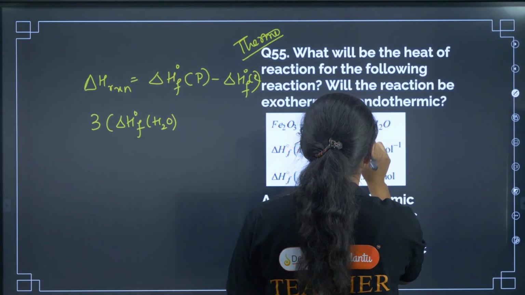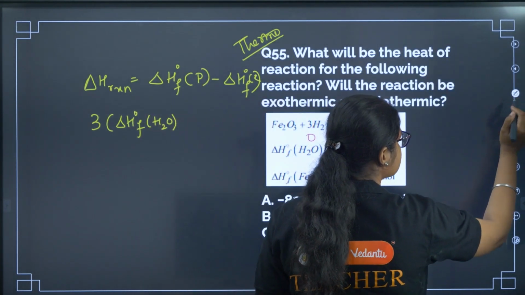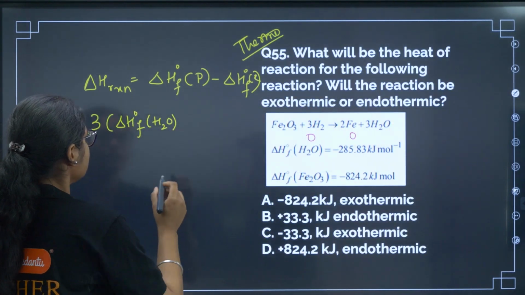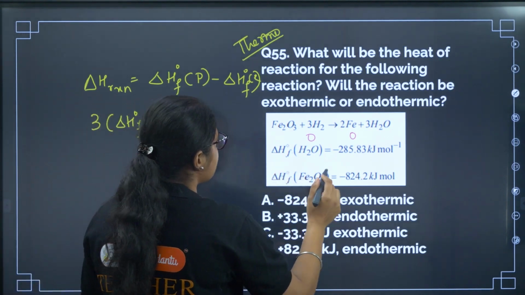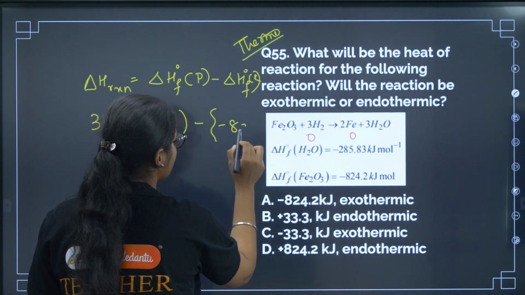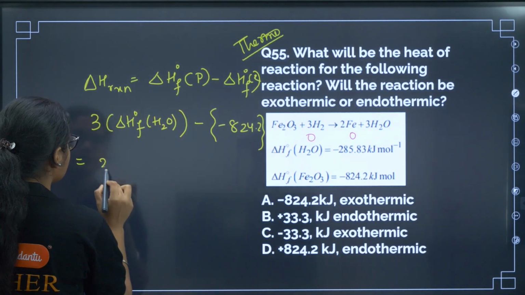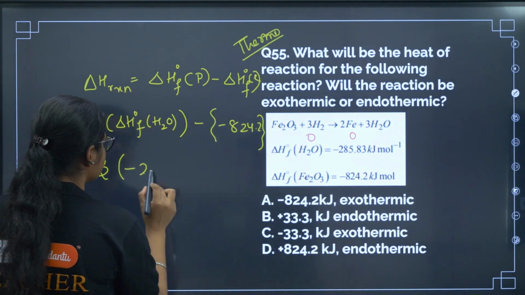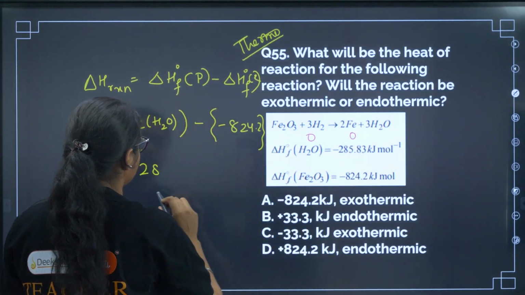The elements which are in the native state have formation energy 0. So for H2 also it is 0 and for Fe also it is 0. So we'll get this one minus delta Hf of Fe2O3, that is minus 824.2. So we can substitute the values. 3 times of minus 2. Why am I taking 3? Because in the reaction we have 3 H2O and 1 Fe2O3.